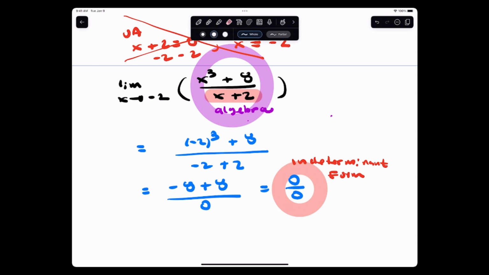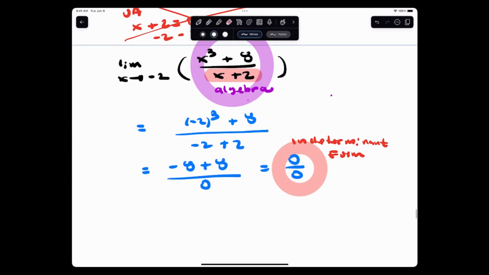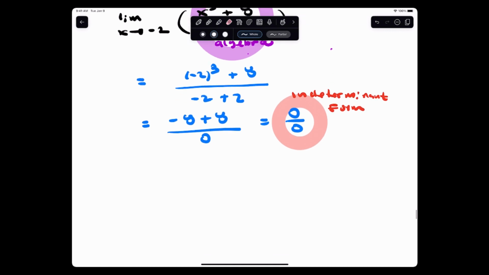Now, that means you've got to remember how to factor. And this actually is a beginning algebra question. You guys remember how to factor x cubed plus 8? This is part of the special factors.